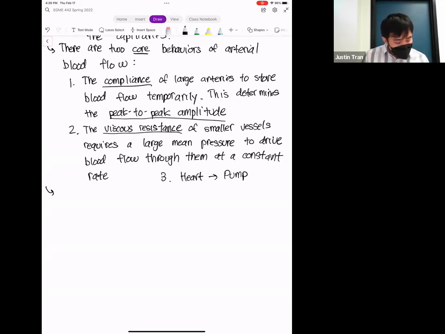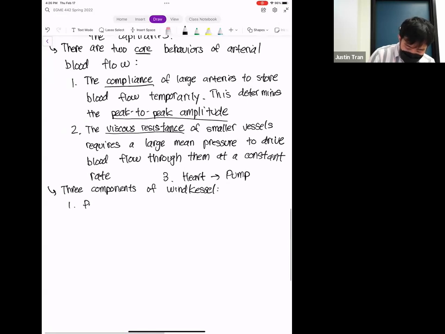The three components of the Windkessel model are, one, the pump. In this case, it's just a mechanical pump, but it's meant to represent the heart. Two is an elastic chamber.